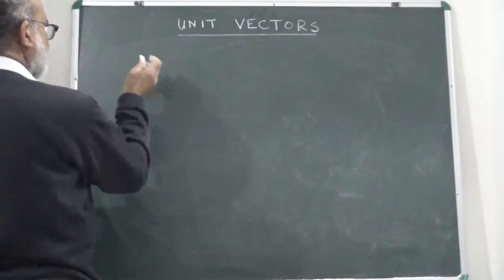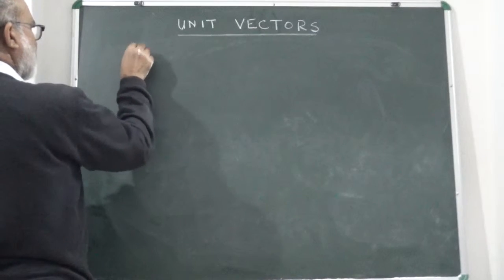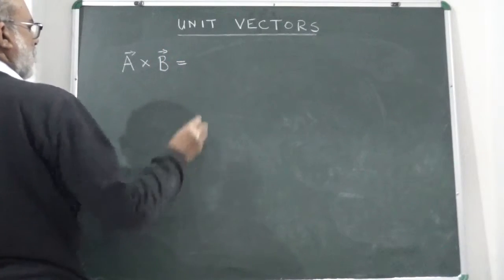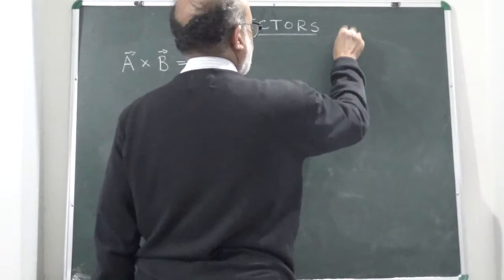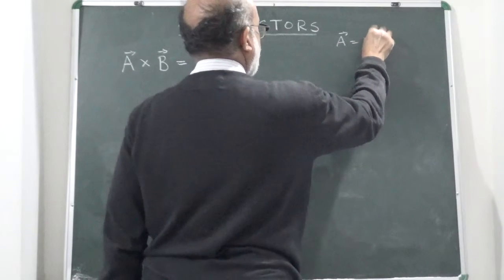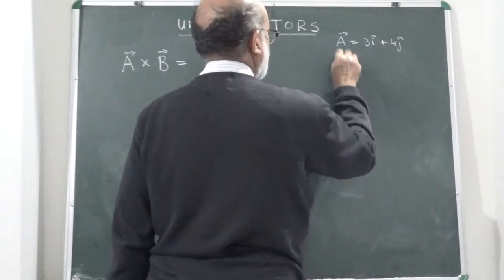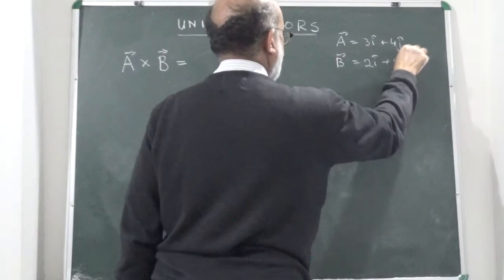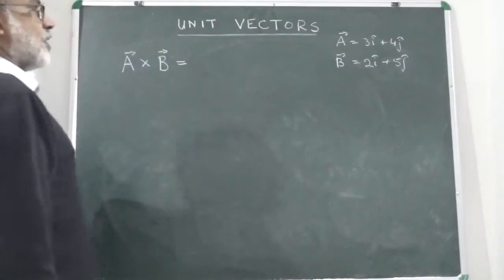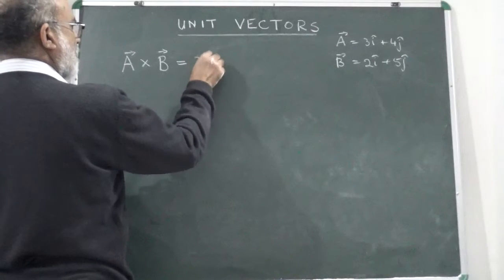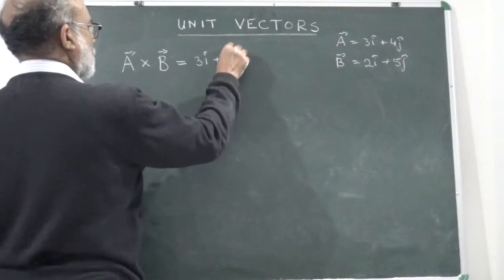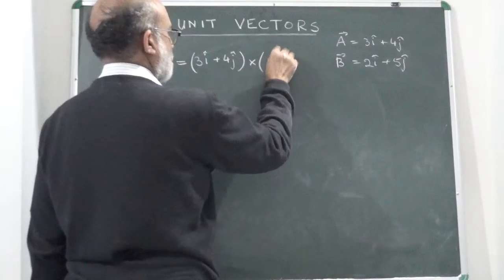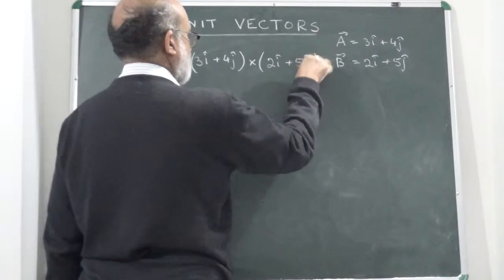Suppose we take the same two vectors: A as 3i plus 4j, and B as 2i plus 5j. I am taking the cross product of these two. So (3i plus 4j) cross (2i plus 5j).